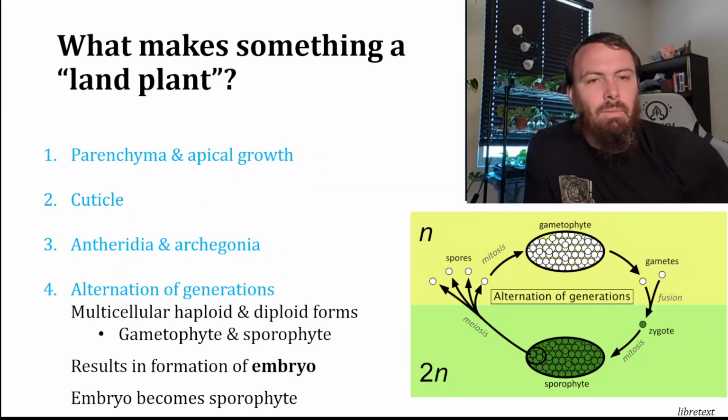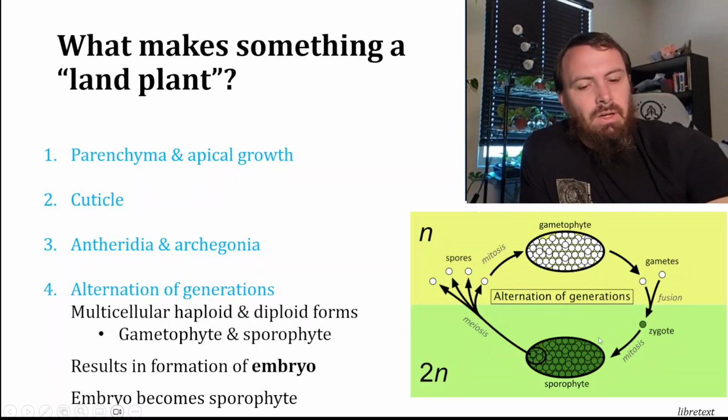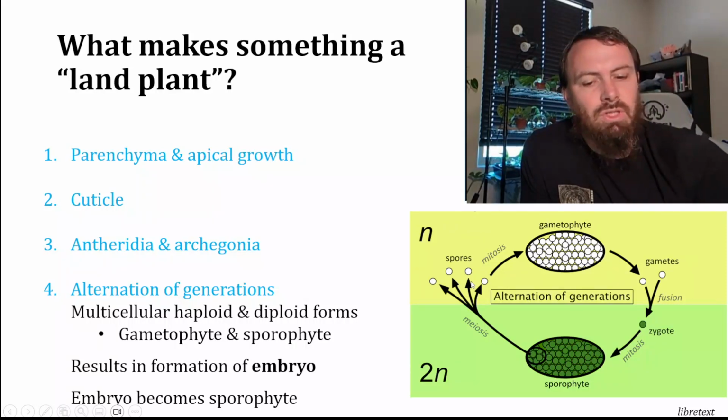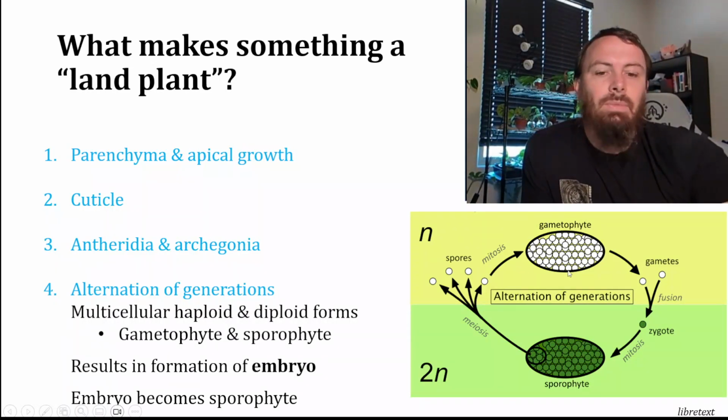Now, what's going to happen with these alternating generations is you have a sporophyte, and it's going to produce spores. These spores are developed through meiosis, creating four unique cells that are all haploid. They're going to grow into a gametophyte, meaning a multicellular haploid organism, right?